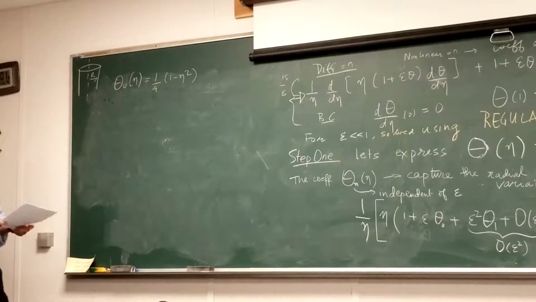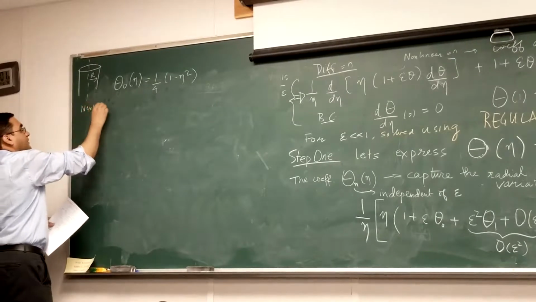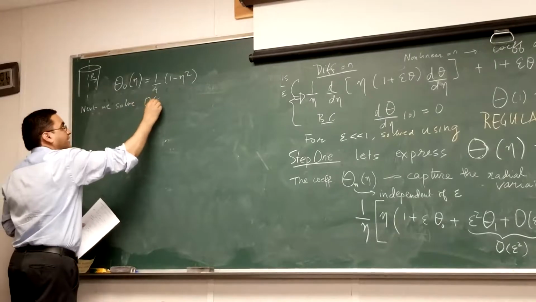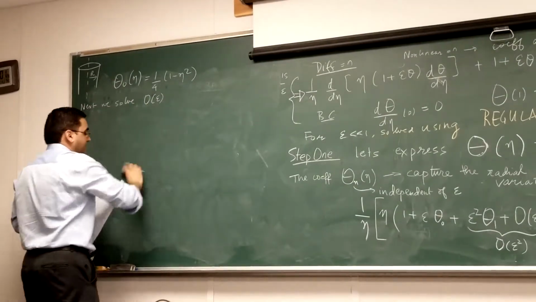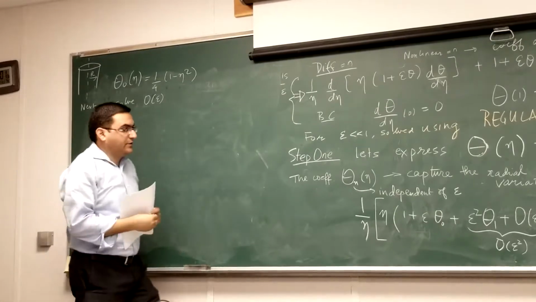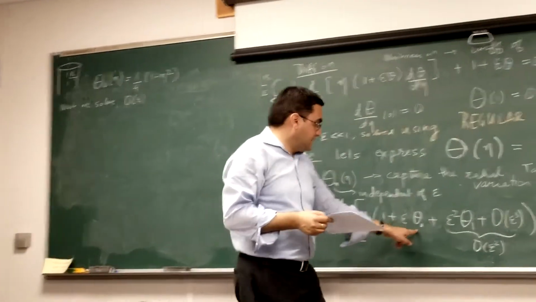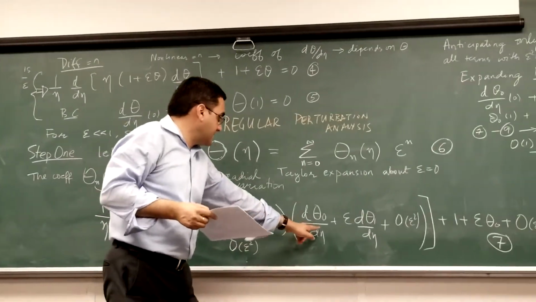We need to, next, solve the order epsilon problem. And that requires us to go back and look at this equation carefully. So this has epsilon, but then this is multiplied with these terms.